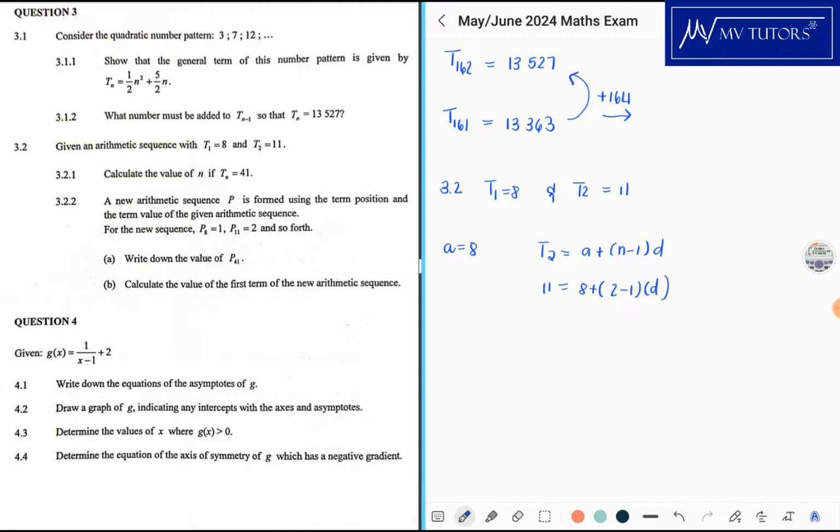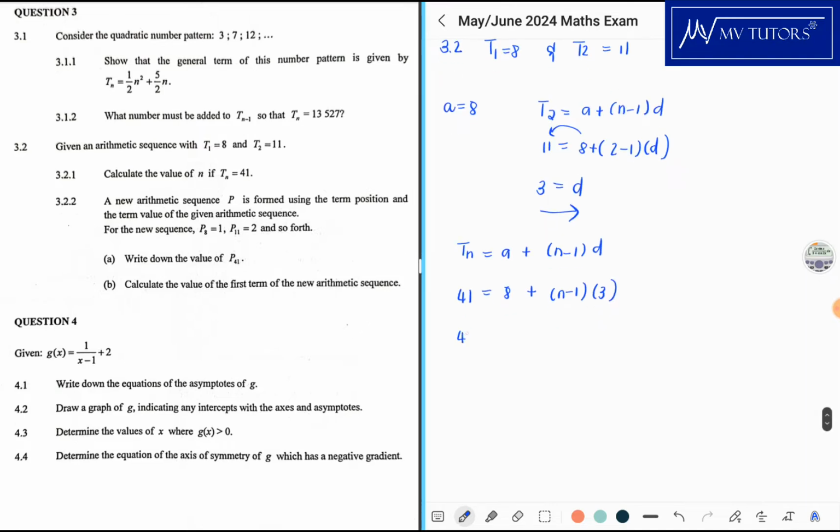And now we're looking for d. If I take 8 to the other side, 11 minus 8 is 3, and 2 minus 1 is 1 times d, that's d. So d is equal to 3. Now I'm looking for Tn equal to 41, so a plus (n minus 1) times d is equal to 41. My first term is 8, I'm looking for n, and d is 3.